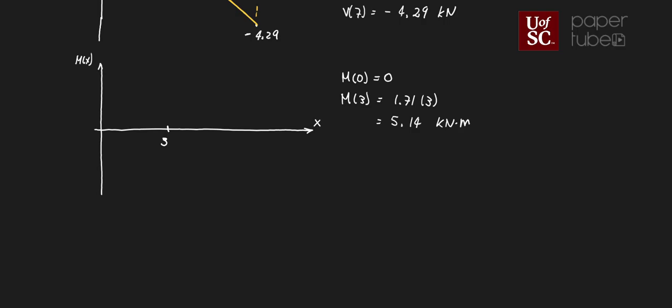I'm going to have something like this, 5.14. Right, and this is a straight line. Now I probably put that number in the wrong place because I'm going to make the line that direction next. Okay, and this is in kilonewtons meter.